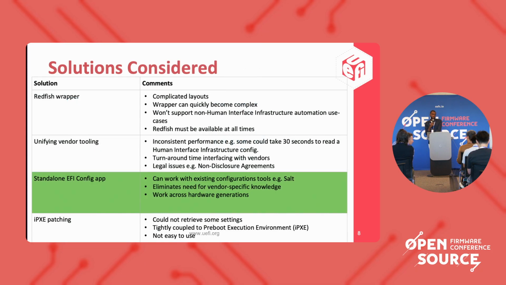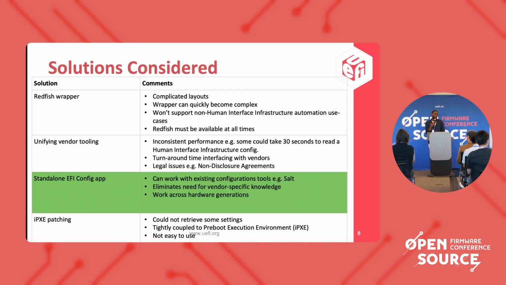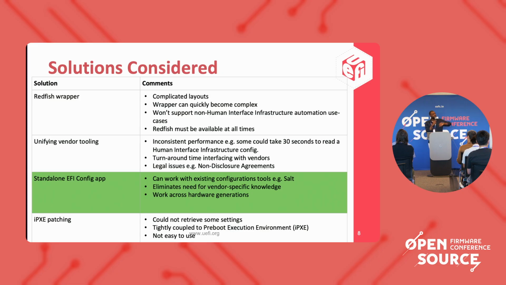So we considered a couple of different options. We said, "Should we put a Redfish wrapper?" And that meant that we would have to enumerate through almost every endpoint, and then we would have to do vendor mapping for each attribute.